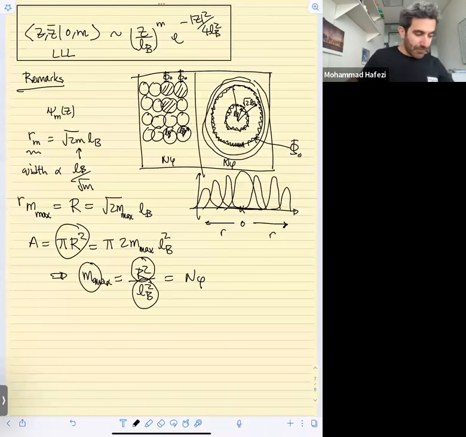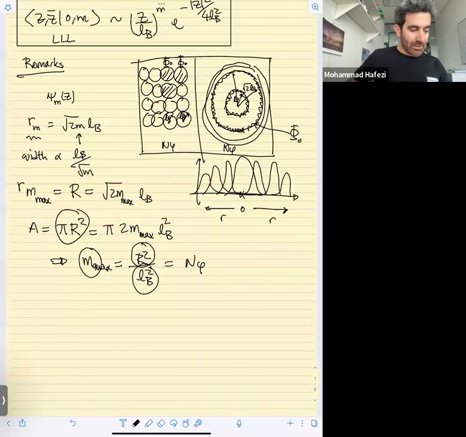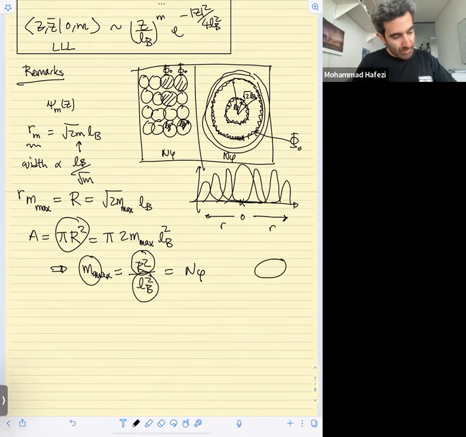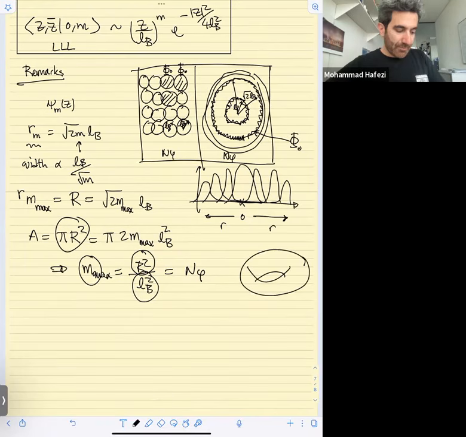Now, the answer that I gave to Chris was for an infinite system or a system on a closed boundary condition, so you can ask, what if I'm not on a disk? If I'm on a torus, on a closed boundary condition, then if I start making these orbitals, I won't go to the edge of the system because the system does not have an edge, and I will come back to the same state.